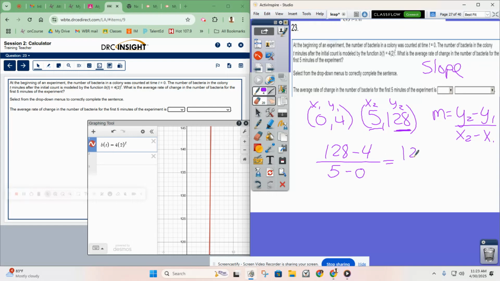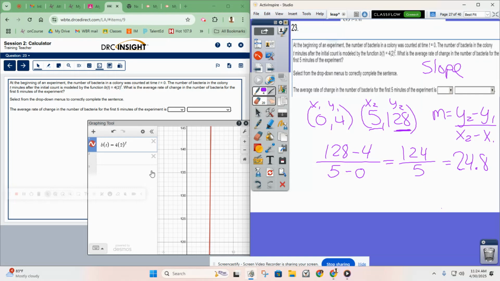That gives me 124 over 5, and I want to simplify that, or divide that, actually. 124 divided by 5 is 24.8. So now the only question we need to figure out is what this rate of change is saying. When it's talking about the change in y over the change in x, y is representing the number of bacteria, x is representing your time, okay?